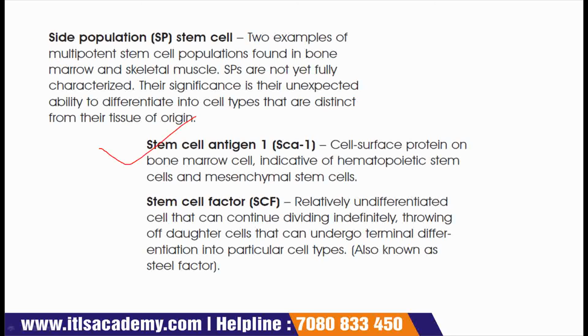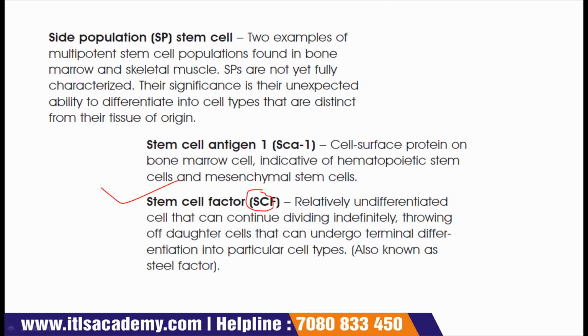Next term is stem cell antigen 1. This is a cell surface protein on bone marrow cells indicative of hematopoietic stem cells and mesenchymal stem cells. Next term is stem cell factor, or in short SCF.